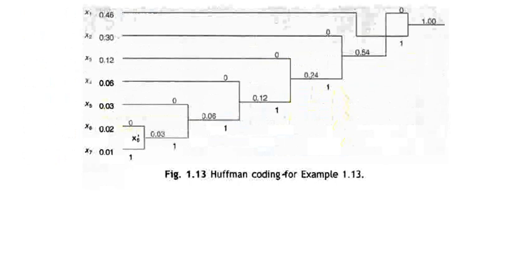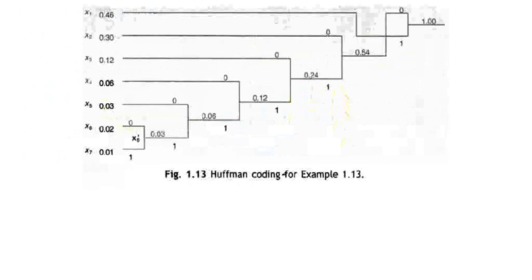And now at last we should combine 0.54 and 0.46. 0.54 is the greater one, so it is assigned binary 0, and the least one is assigned binary 1.